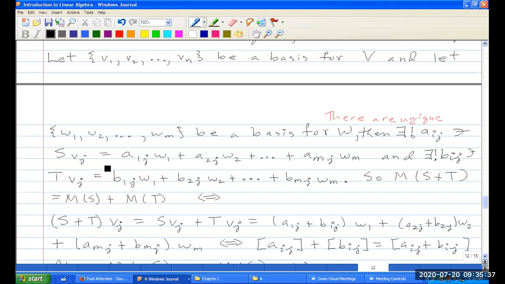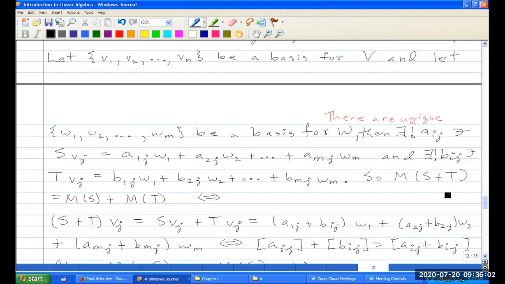So if I want matrix addition to be just the matrix of linear transformation addition, then we must have the following.